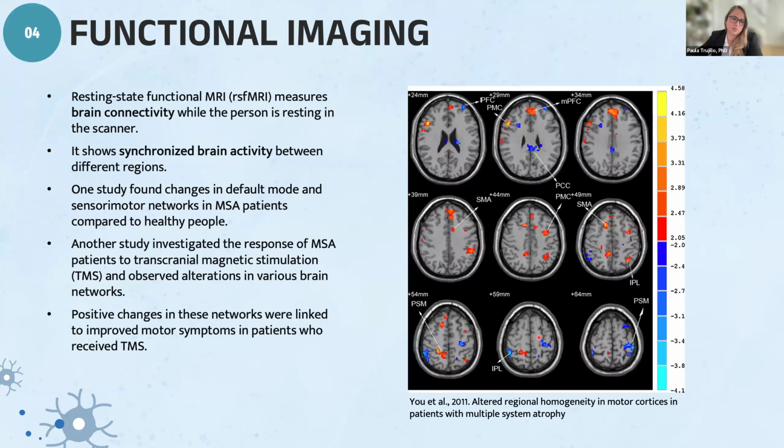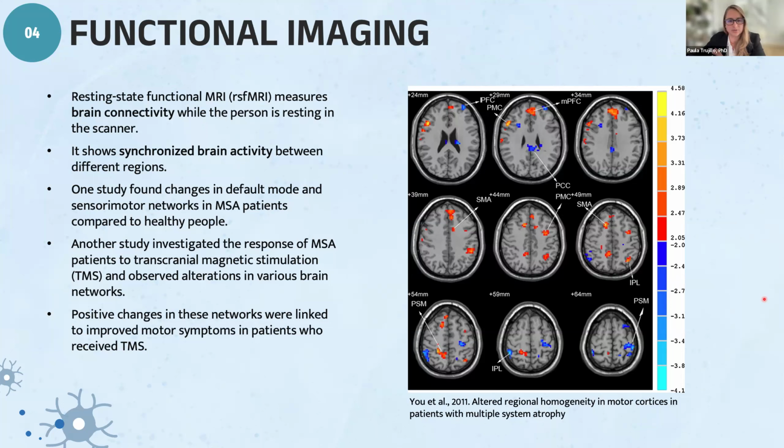Okay, moving to another method, we have what we call functional imaging, also known as resting state functional MRI. This measures brain activity at rest. While the patient is resting in the scanner, we measure the signals and try to understand how different brain areas are working together.